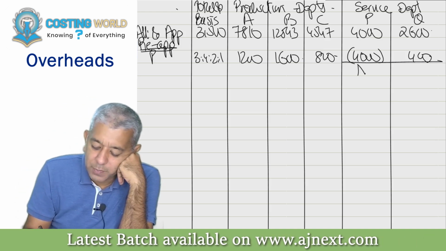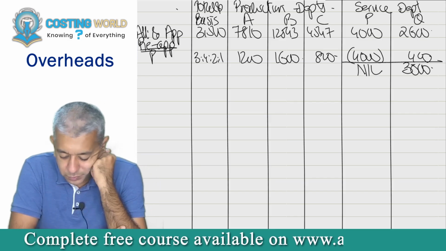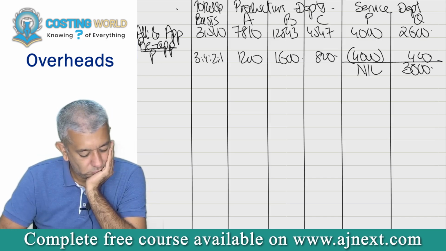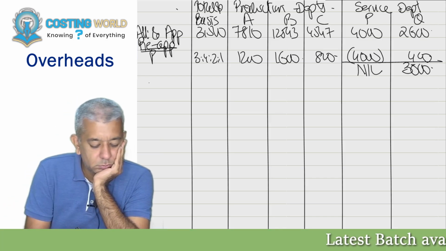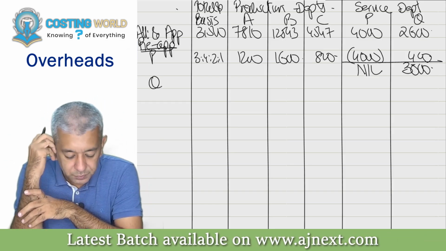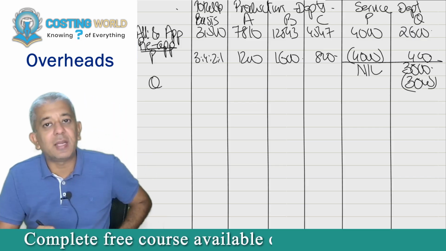Which cost has become nil? P's cost has become nil. Q's cost has become how much? 3,000. After P, you start to take Q now. Can we say we'll have to remove 3,000 from here and divide that among the other departments?